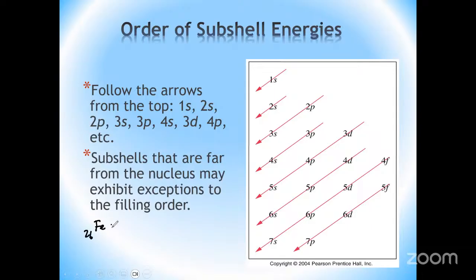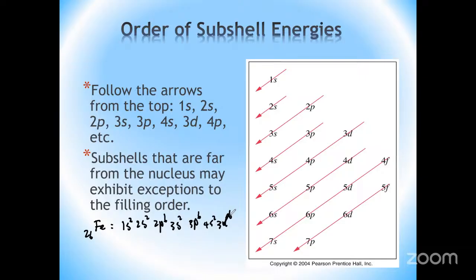So what would be the first? 1s2, then 2s2, then 2p6, then 3s2, then 3p6, then 4s2, and then 3d6. Very good. And so this should be.